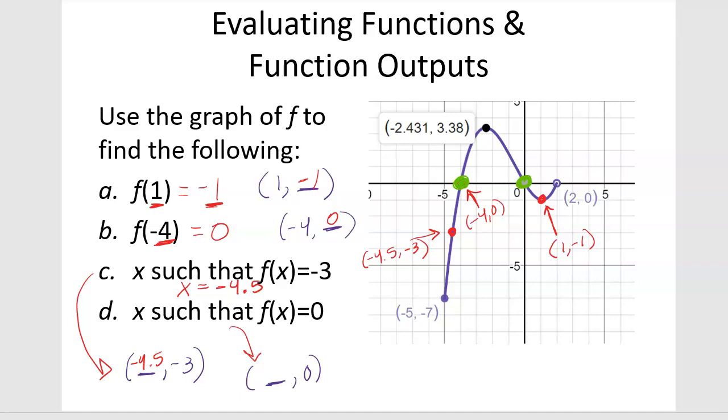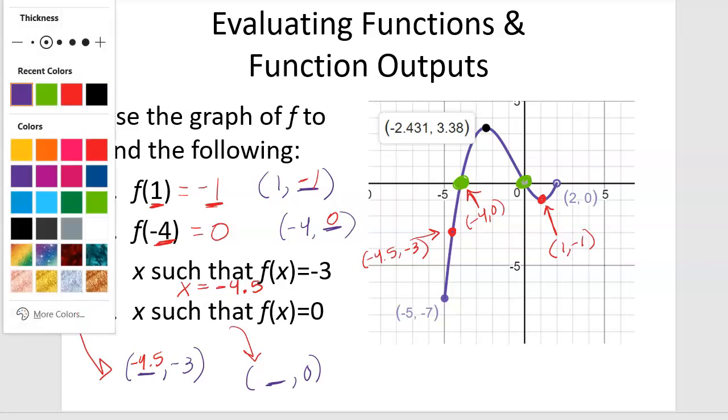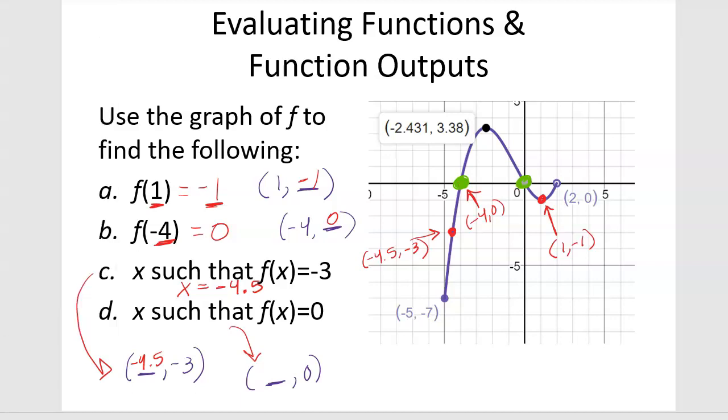I have two spots on my graph that have an output value of 0. So I have an output value of 0 at negative 4, 0. So I can put a negative 4 in there. And I also have an output value of 0 at this other point, 0.